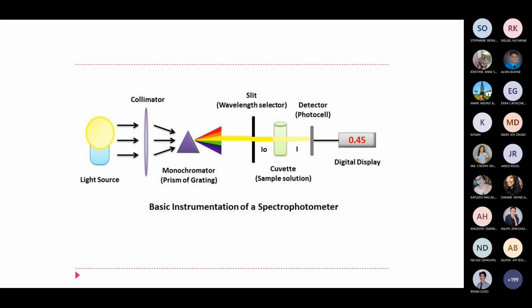And then, kapag nag-pass through naman dito, or yung band pass, bago pumunta or bago siya ma-detect ni photocell or photodetector, ano tong eye na to? Anong tawag dyan? This is the transmitted light. Okay.